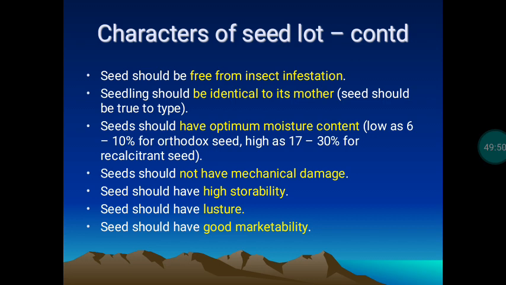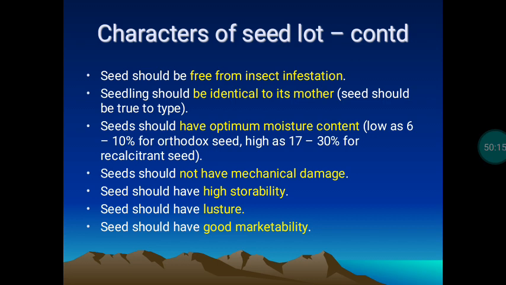Then seed should not have any mechanical damage, because now we are using cleaning and grading related machineries. At the time of cleaning and grading, there is a chance for occurrence of mechanical injury. But on any mechanical damage, seed will lose its viability, because to repair that damage, the seed has to spend its stored food.